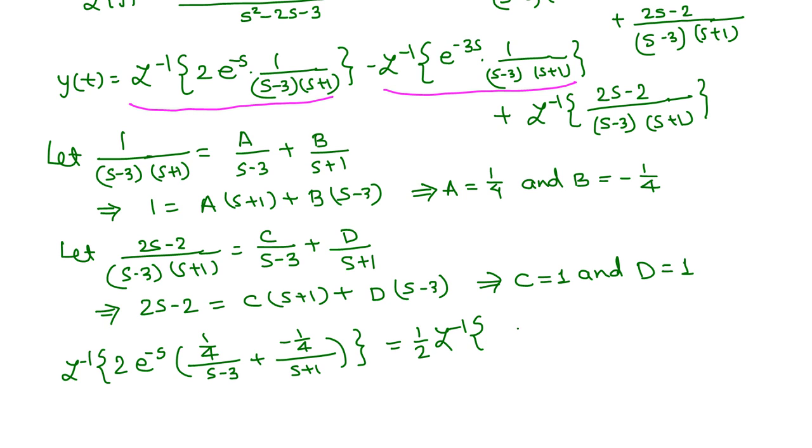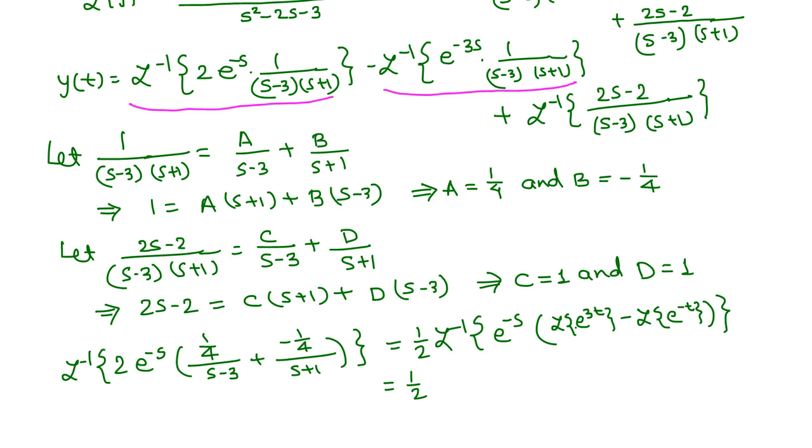Inverse Laplace of e to the negative s, in parentheses, 1 over s minus 3. 1 over s minus 3 is the Laplace of e to the 3t, minus 1 over s plus 1 is the Laplace of e to the negative t. Now we take the inverse Laplace, that is 1/2.